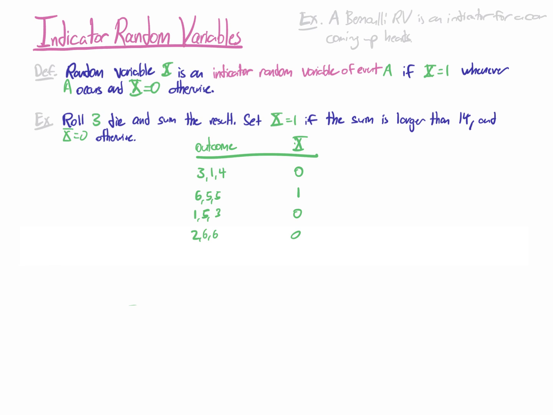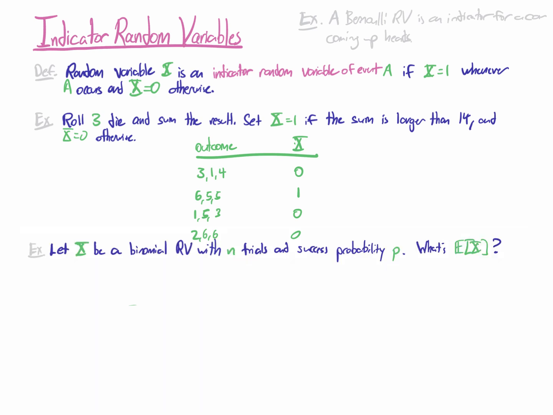So let's look at an application of this. This is just an example of how we would compute the values of an indicator random variable given some outcomes. But this actually can be a tremendously powerful tool. So let's look at an example where we're going to use this effectively. So let x be a binomial random variable.